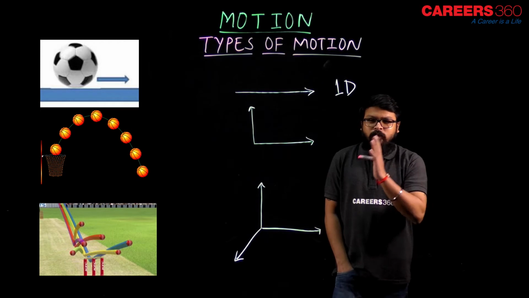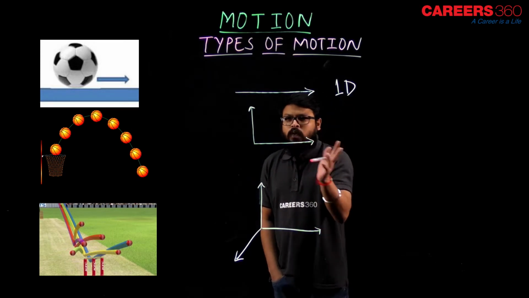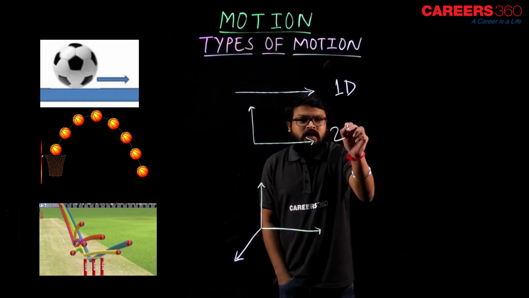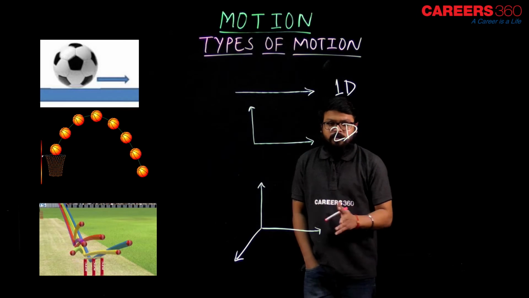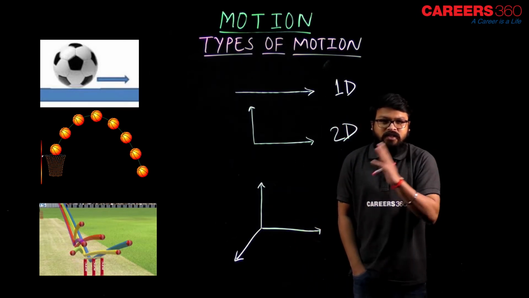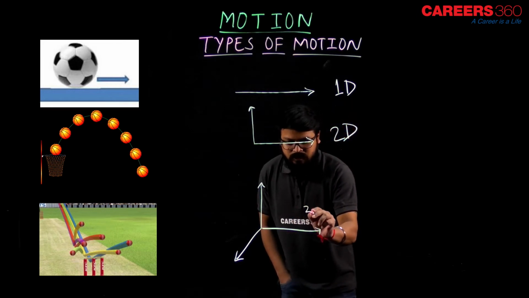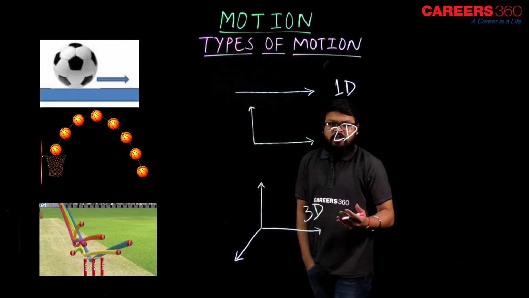When the body is in motion and it changes its position in two directions, it is known as two dimensional motion. Now when the body is in motion and it changes its position in three directions, then it is called three dimensions, right? Now let me explain it to you more clearly.